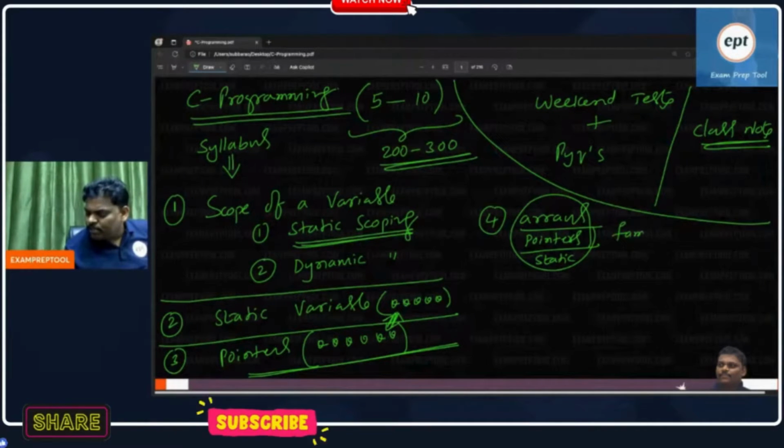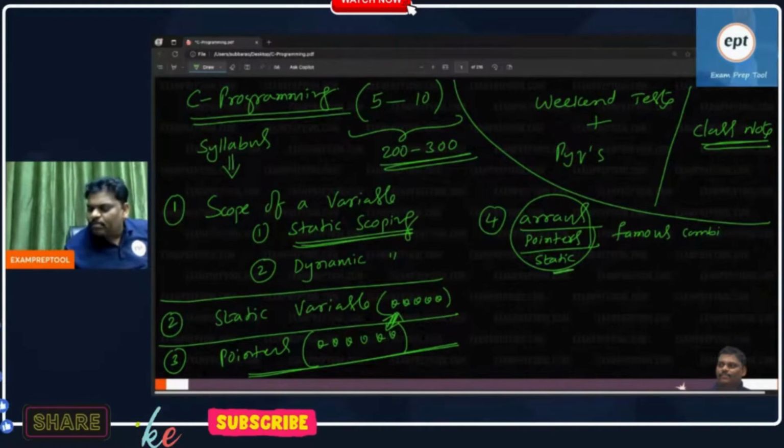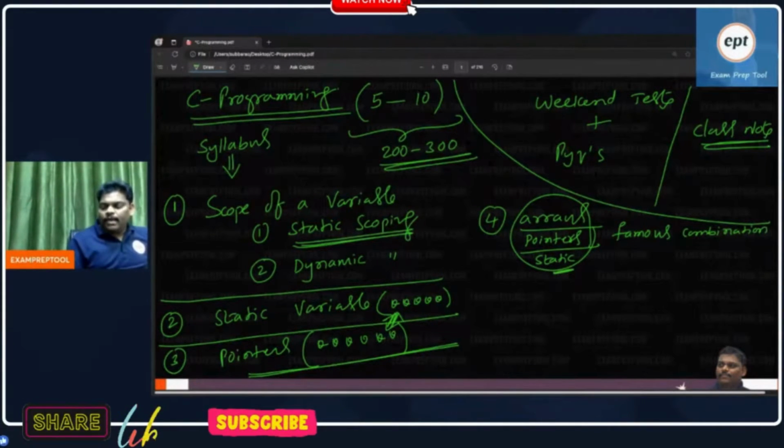Only array, or only pointer, or only static variable, or pointer and static variable, or array and pointer, or a combination. I don't know why they like it so much. Mostly this combination will come in the exam: arrays, pointer, static variable.